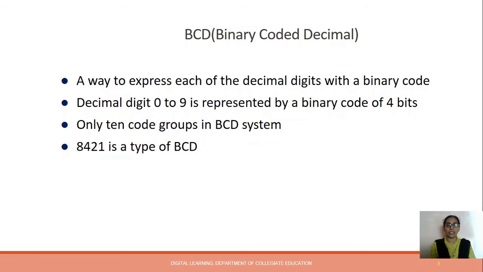So this BCD number system is usually called 8421 BCD because the digit positions have weights 2 raised to 3 means 8, 2 raised to 2 means 4, 2 raised to 1 means 2 and 2 raised to 0 means 1. So usually if we are referring to a BCD system, it is of 8421 type.